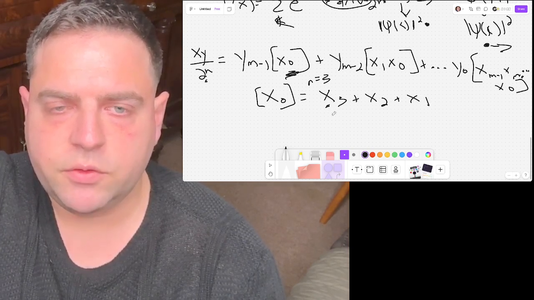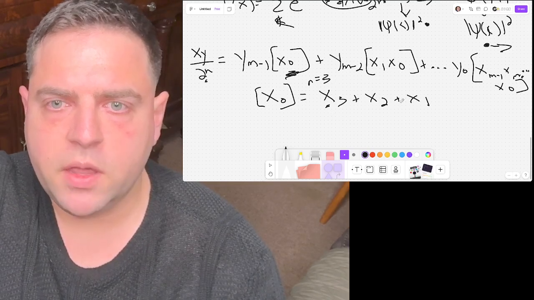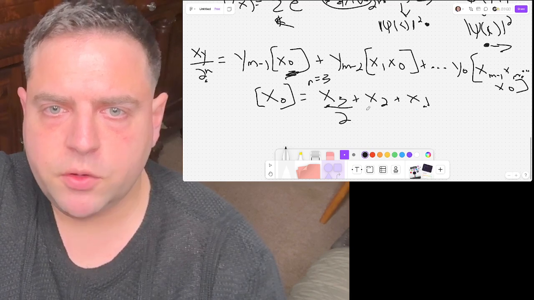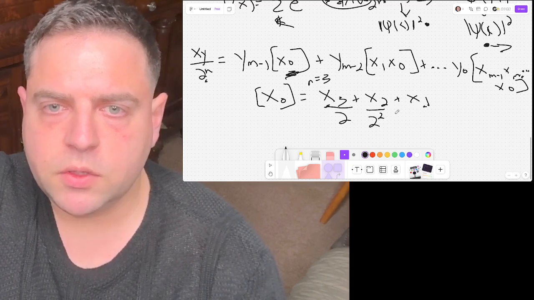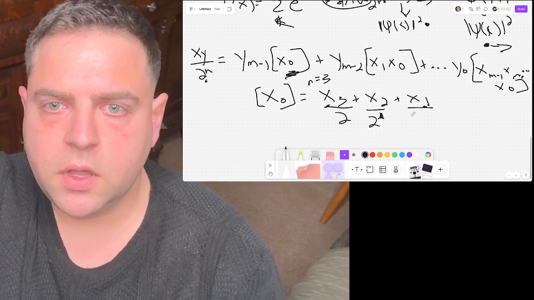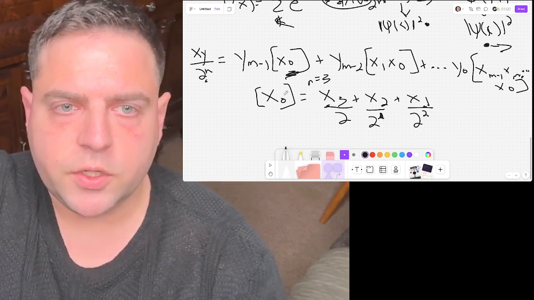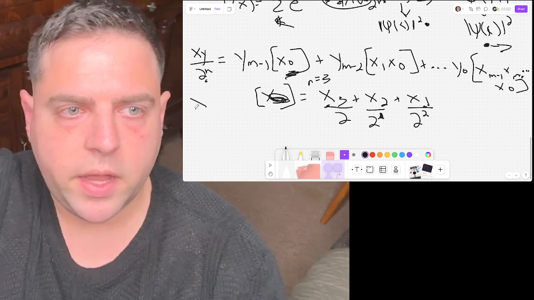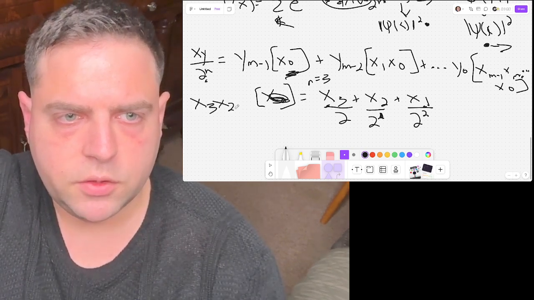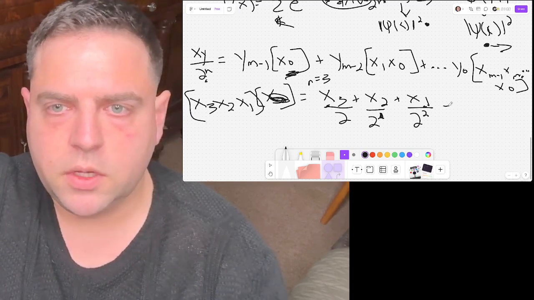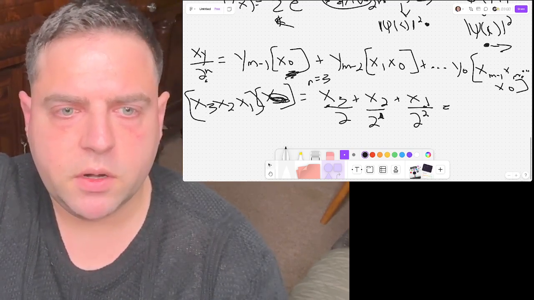It would be 4, 2 to the power of 2. And this is the smallest digit in binary. So this is going to be over 2, this is going to be over 2 to the 2, or 2 to the 1, and this will be over 2 to the 2. So if we're talking about x3, x2, and x1, that's what this will look like here. So that's this expansion up here.